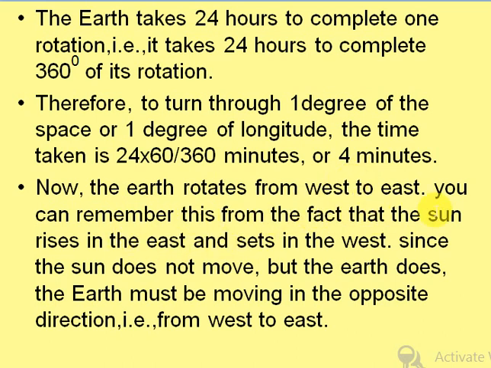Now the earth rotates from west to east. You can remember this from the fact that the sun rises in the east and sets in the west. Since the sun does not move, but the earth does, the earth must be moving in the opposite direction, that is from west to east.